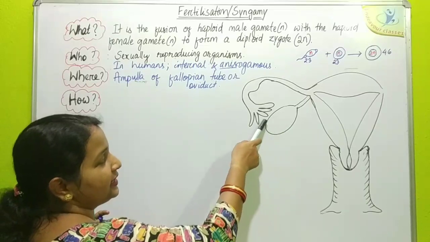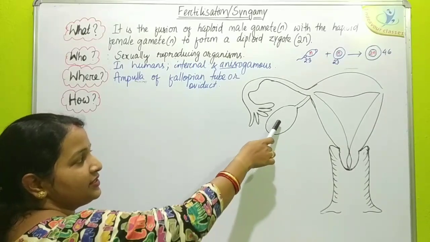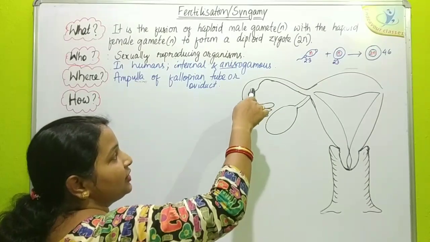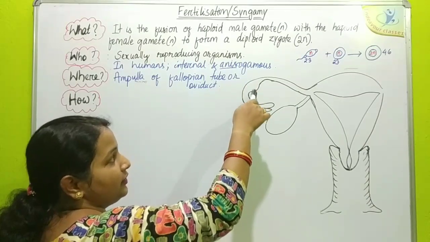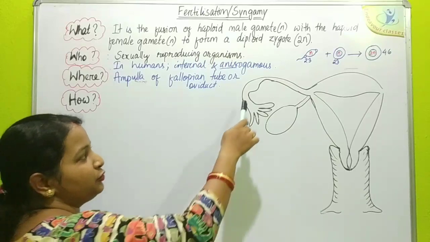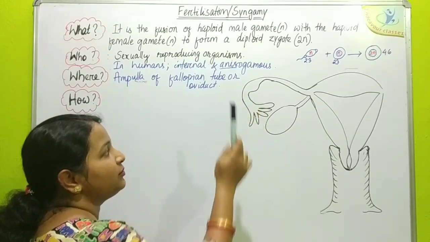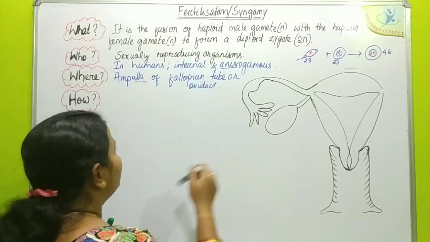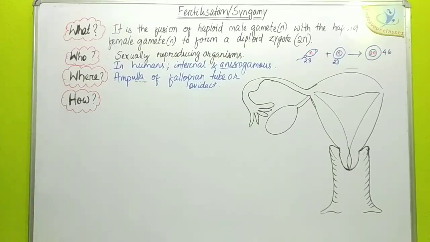So from the ovary, the secondary oocyte will be released during the process of ovulation, and it reaches the ampulla of the fallopian tube by ciliary movement of the internal wall of the oviduct.